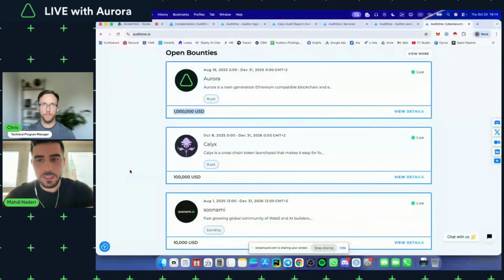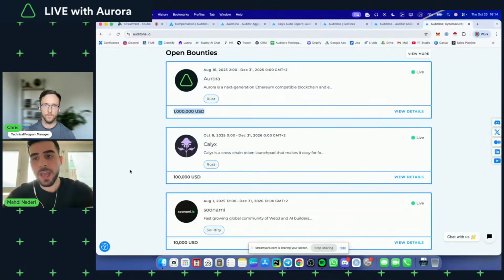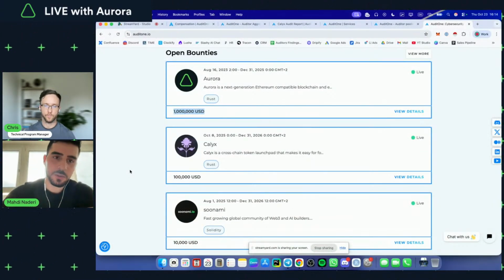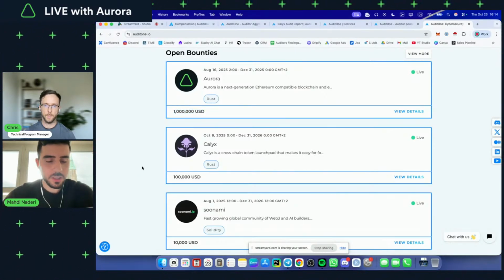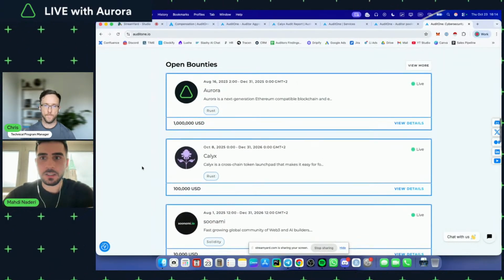But if a project really wants to go above and beyond in terms of security, although these projects have all been audited by us, we also have bug bounties. So they put the code up and they want to at least pay before something goes wrong. So bug bounty is also a huge part of our business, and we host them.